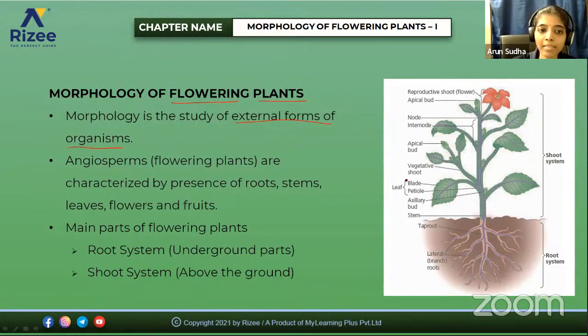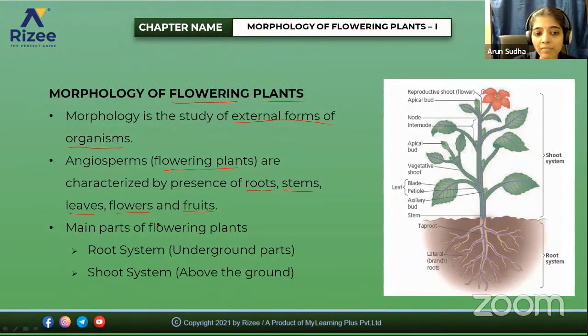If you take an angiosperm, that is a flowering plant, they are characterized by the presence of roots, stems, leaves, flowers, and fruits. We know that angiosperms are the advanced group of plants, and they form the largest group, and they are characterized by the presence of true roots, stem, leaves, flowers, and fruits.